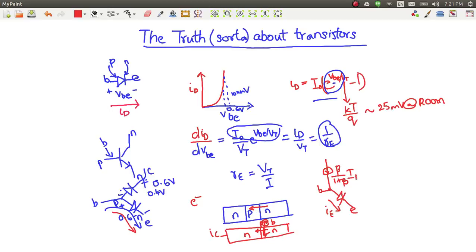Oh, actually, for an NPN, this is not correct. So this current is even larger than this, and oh no, I got it right the first time, sorry.